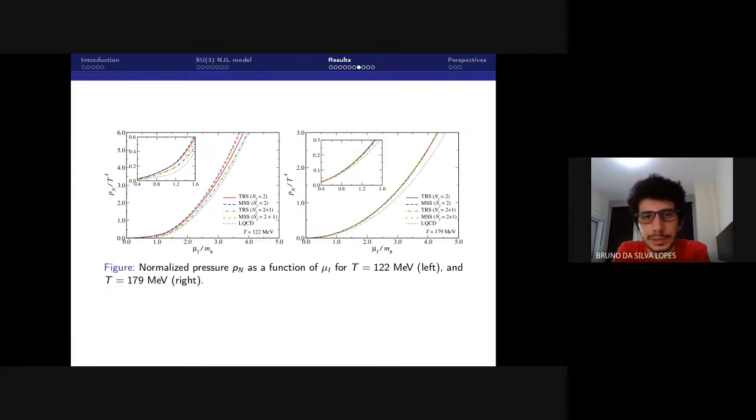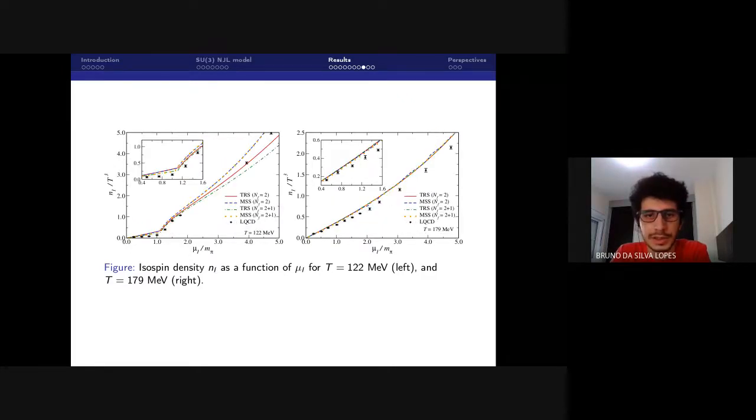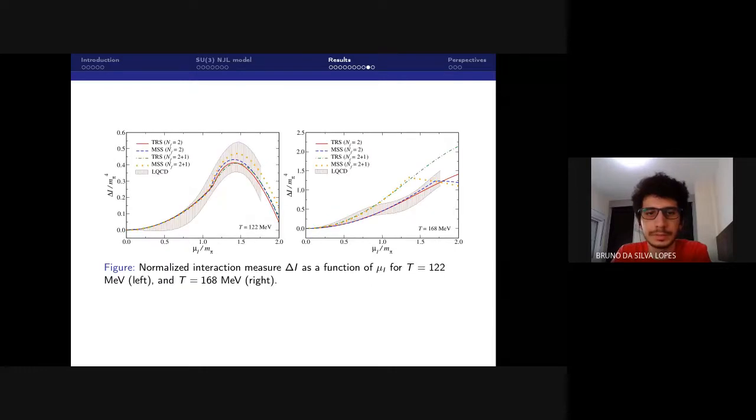Again, the normalized pressure against mu I for two values of the temperature. The TRS here seems to be a little better fit for low temperature, while the MSS seems a slightly better fit for high temperature. The same will occur here when comparing the isospin density.